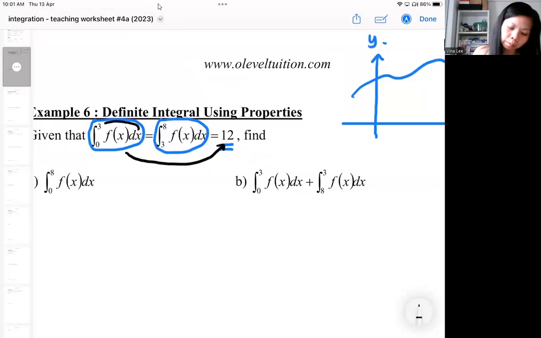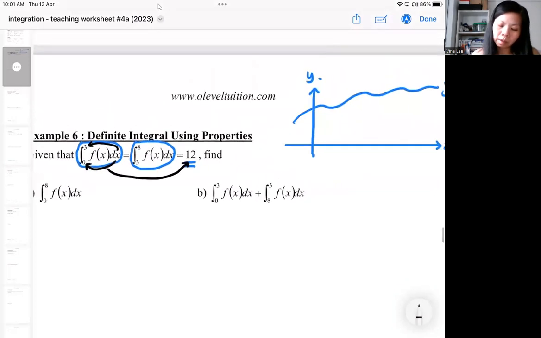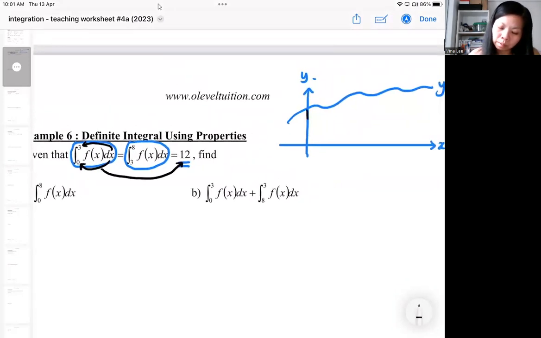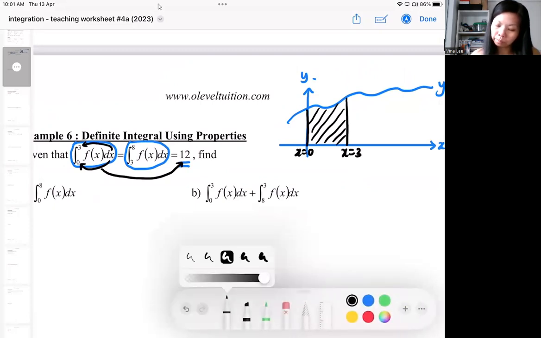So the area from x equal to 0 to x equal to 3: x equal to 0 is here, x equal to 3 is here. The area here is 12. So that's the interpretation.